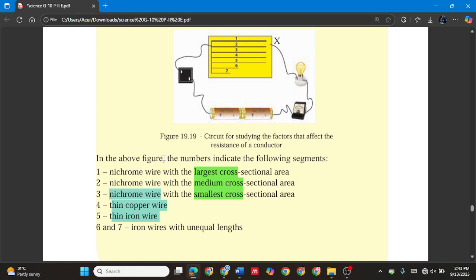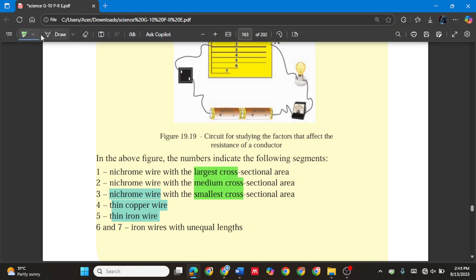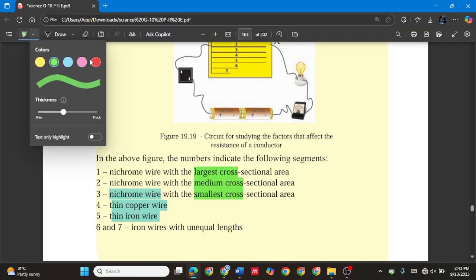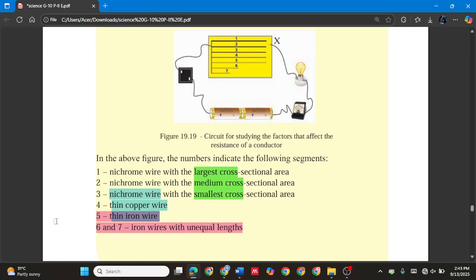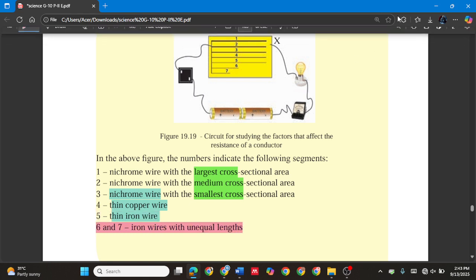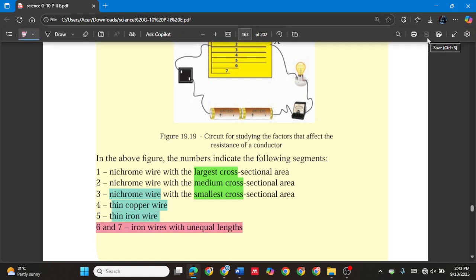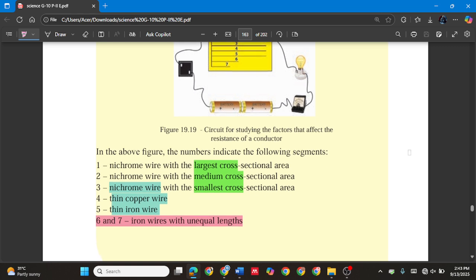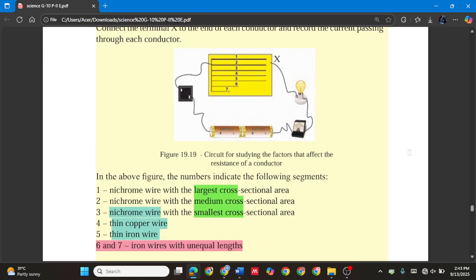And 6 and 7 are iron wires with unequal length. So this one is for the length factor. Okay, so these are the factors, and we are going to take the observations of this practical and find out what happens to the resistance with those factors.